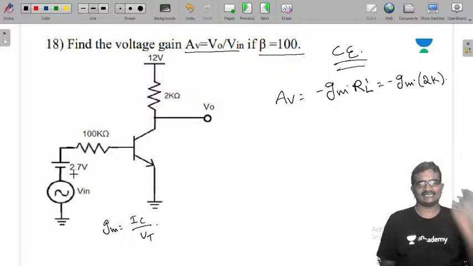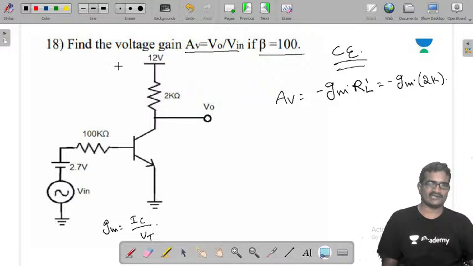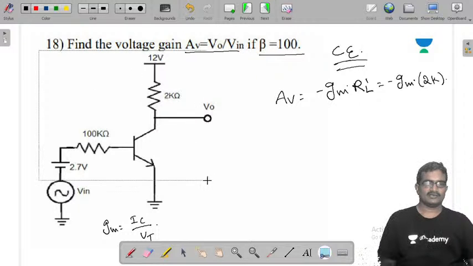So we need to take the DC equivalent and apply the analysis. See this, I am taking the DC equivalent part. This is the DC equivalent of the circuit.